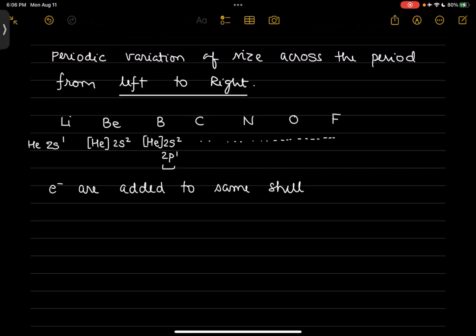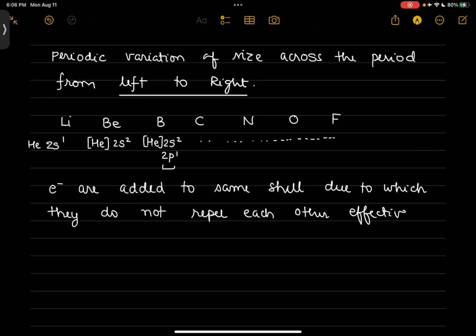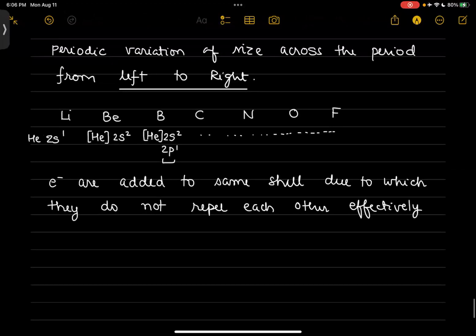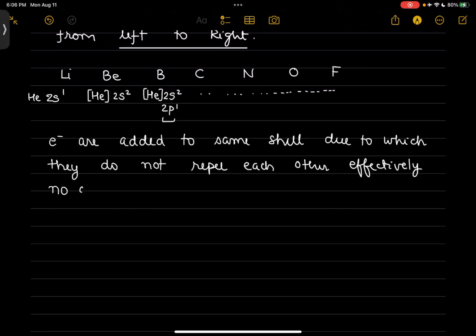And inner electrons cause more repulsion than the electrons of the same shell, so electrons in the same shell do not repel each other much. The number of protons will increase from left to right.